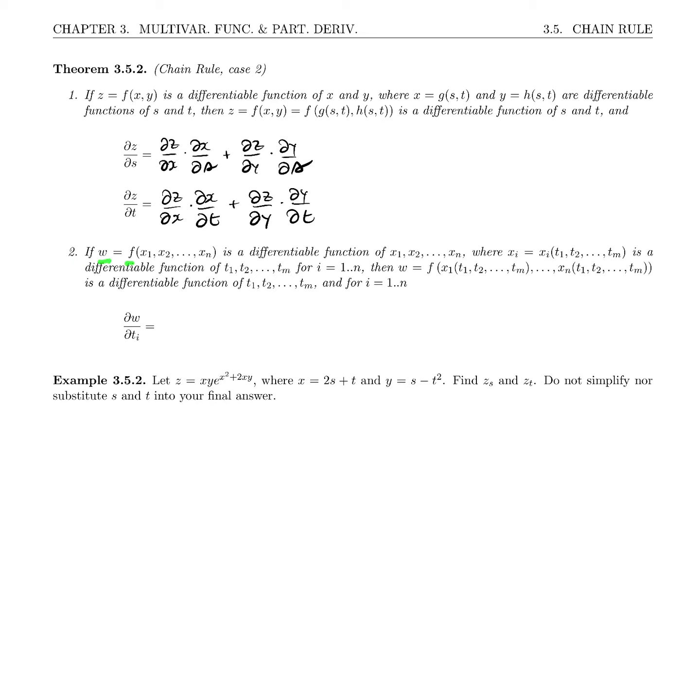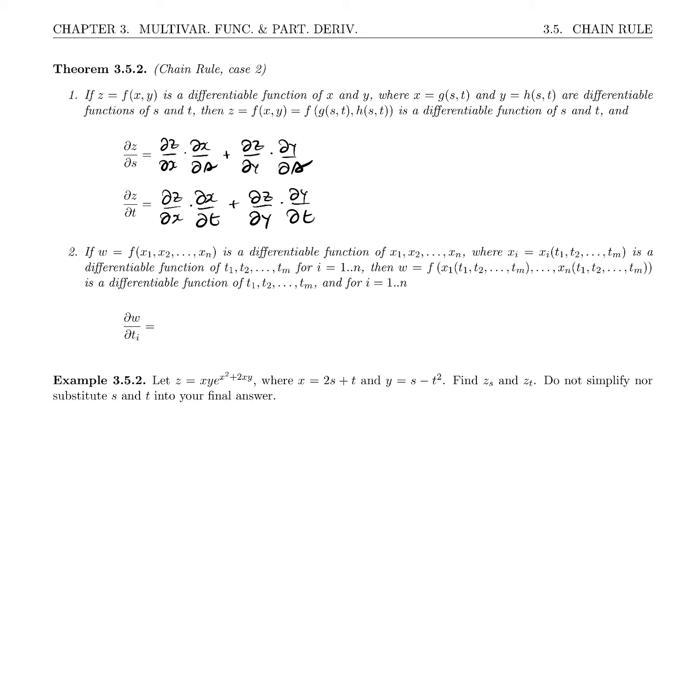If w is a function of n variables, and if each of those variables is a function of t1 through tm, n and m not necessarily the same, then w depends on the t variables as well, and it will also be differentiable.